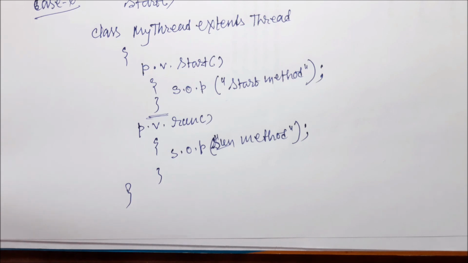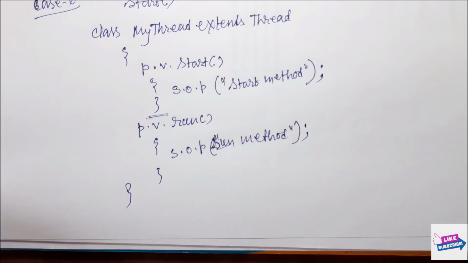The next thing is, if I override the run method, we have to write some code, or give some job to the child thread, otherwise we will not get any output, because the MyThread class run method has an empty implementation.